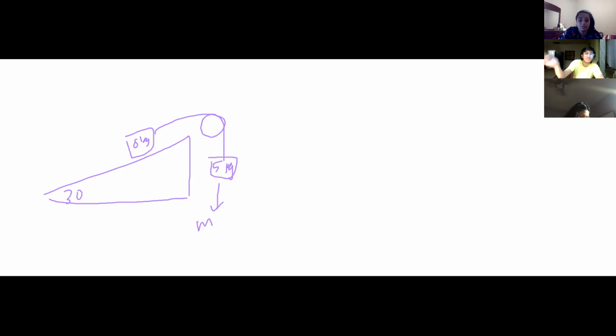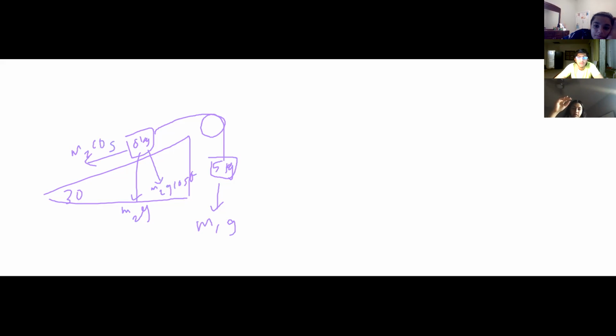I usually make the one on the left M1 and the one on the right M2, but it doesn't matter. Okay, let's just do that then. M2g, and then this would be M2g cos theta. Tension starts from the pulley and faces towards the object, right? Oh wait, no, it's pulling against, towards the pulley. I'm going to use a different color for tension.